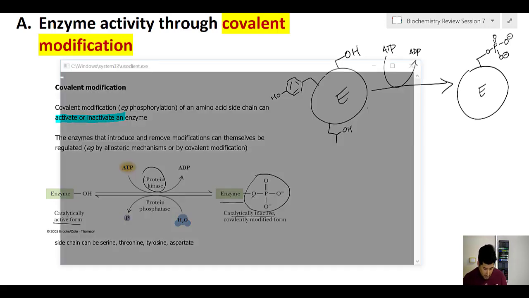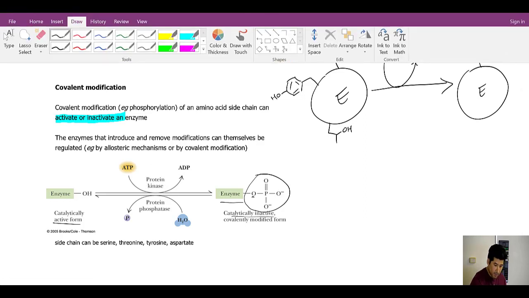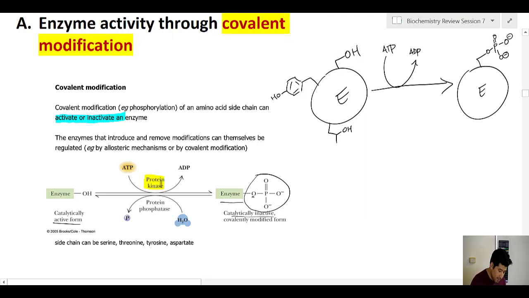All right, so that's a really important point. What type of enzymes phosphorylate other enzymes? Kinases. So you see this protein kinase right here. This protein kinase takes this ATP, turns it into ADP, and what happened to that other phosphate group?